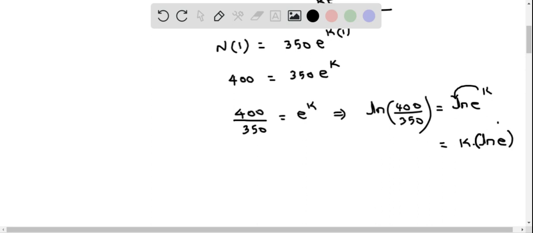Notice that the value of natural logarithm e is 1, so k times 1 equals k. So on the left side we have natural logarithm of 400 divided by 350. So thus we have determined that k equals natural logarithm of 400 divided by 350.